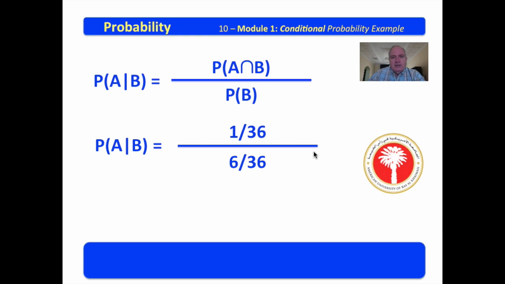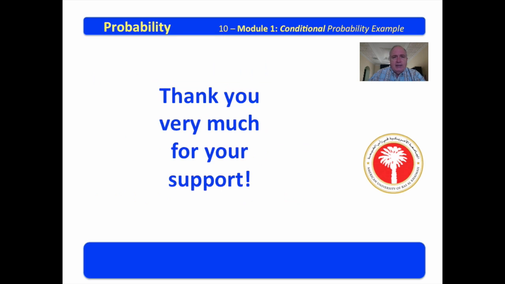So the probability of A intersect B divided by the probability of B is 1 over 36 divided by 6 over 36, or again 0.1667, or 16.67%. I want you to observe that it didn't matter which formula we used. The formulas gave us the same thing. They were just different ways of getting to the same place.